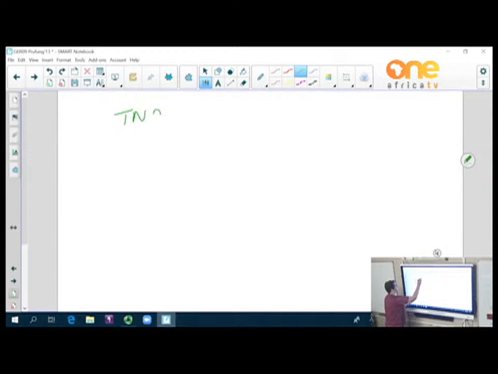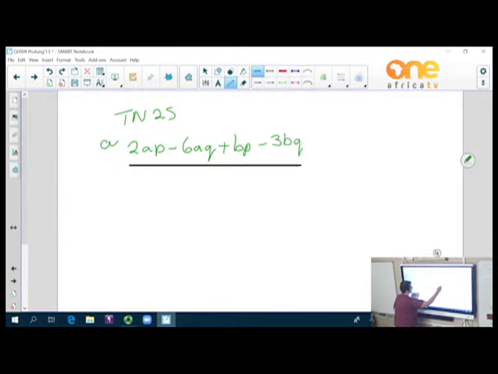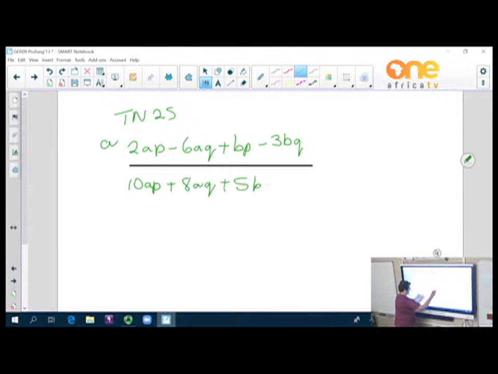Now try number 25. This time we're dealing here with grouping: 2AP minus 6AQ plus BP minus 3BQ, and we are dividing this with 10AP plus AQ plus 5BP plus 4BQ.